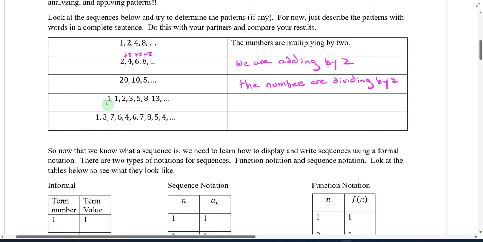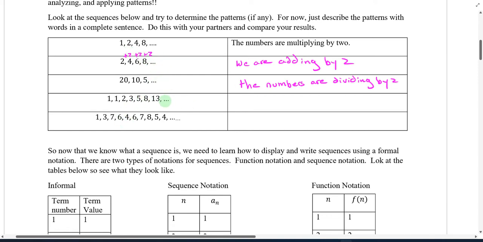If I do 1 plus 1, we get 2, right? So now if I move over a little bit, if I do 1 plus 2, I get 3, right? And then 2 plus 3 gives me 5. And then to get the 8, we do 3 plus 5, right? And then to get the 13, we can do 5 plus 8. So really, to generate this particular sequence, we are adding the 2 previous numbers beforehand.